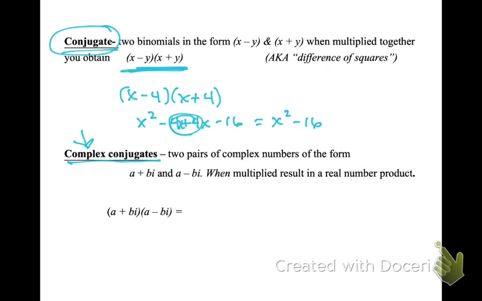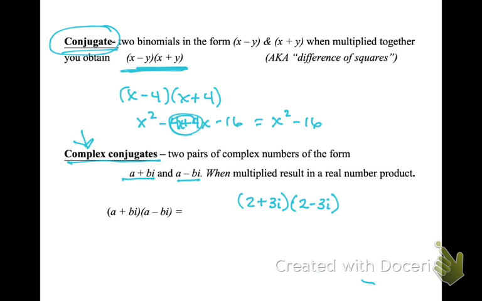Make sense? Okay, so if I have a plus bi, what's the conjugate? a minus bi. That was the example I just gave on the other side, and I'll do another one. If I have 2 plus 3i, what's the conjugate? 2 minus 3i. The only sign that changes is the one in the middle, correct?